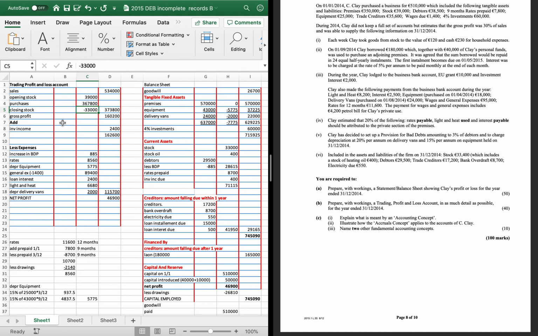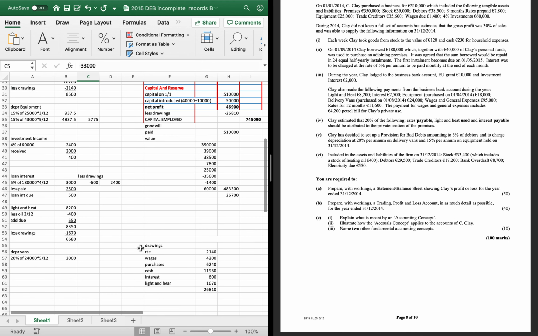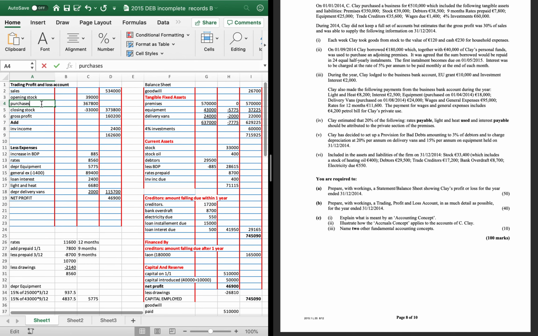And then to find out what our purchases is, sorry, I have a different figure for purchases. 367,800. And then of course, remember to add back on the drawings to show what it is before the drawings. So the drawings of stock or the drawings of purchases is 6,240. So if we add 6,240 onto that, we'll get 374,040. So minus 6,240. And that'll give you the correct answer.